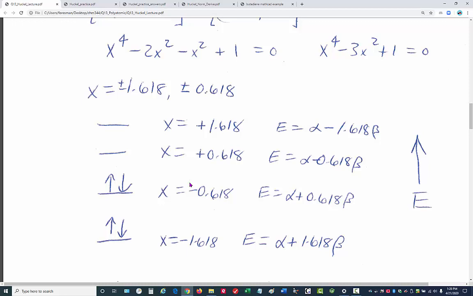A value of x equals minus 0.618 will turn into an energy of alpha plus 0.618 beta. So you just take the value of x and plug it in here, alpha minus x beta, because energy is alpha minus x beta. That's the definition that we used for x to begin with.